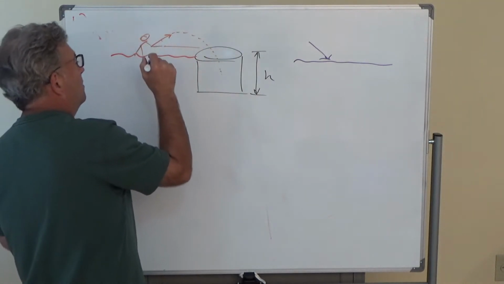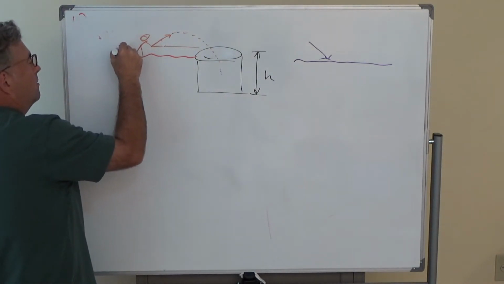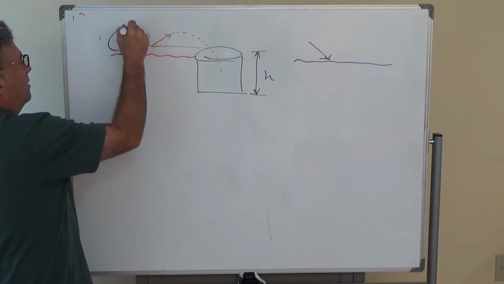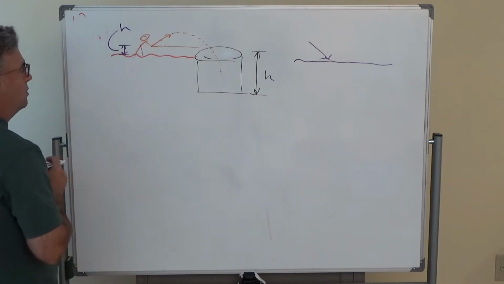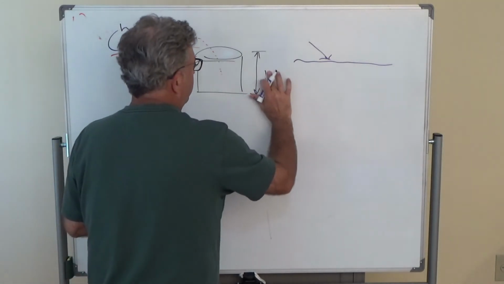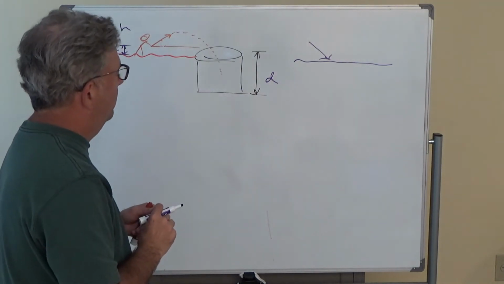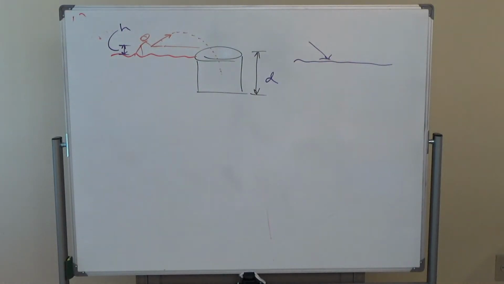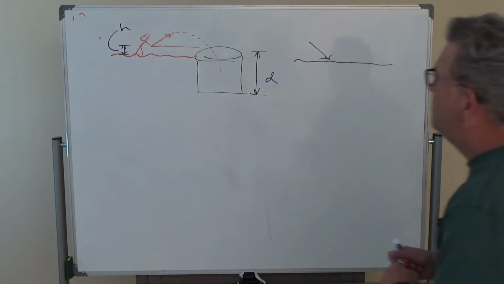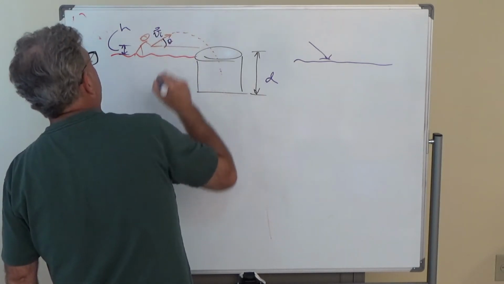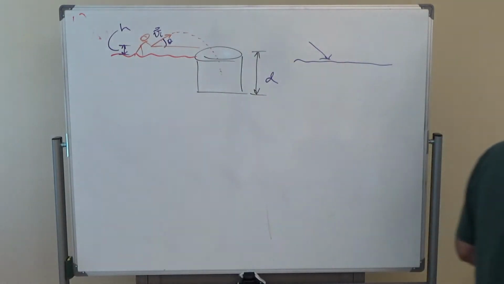So this height is, I'm going to call that H. I'm going to call this D, depth. So we know V initial and theta. Okay. I got it, I think.